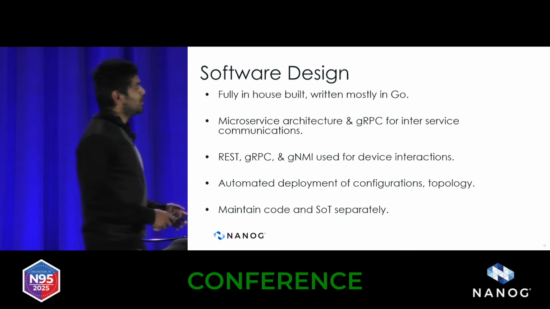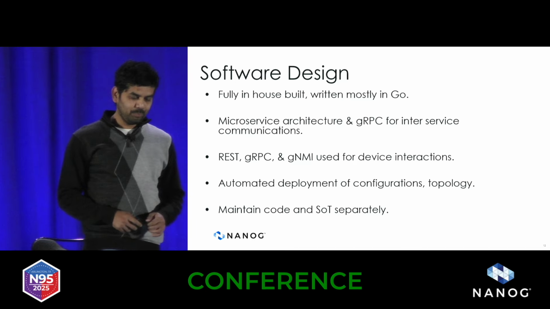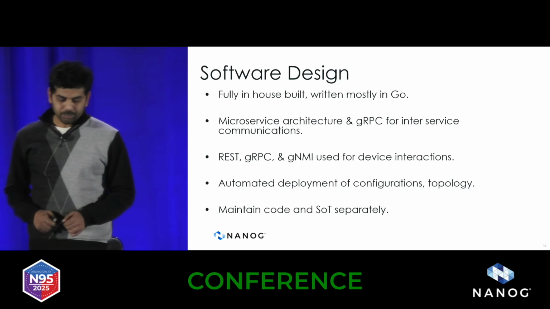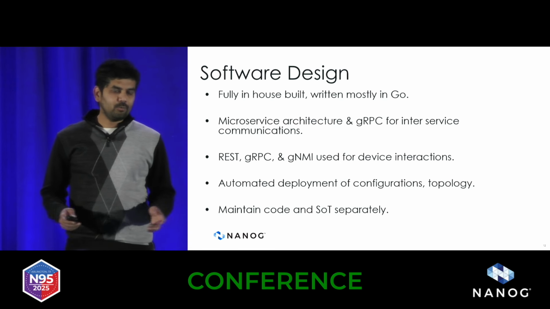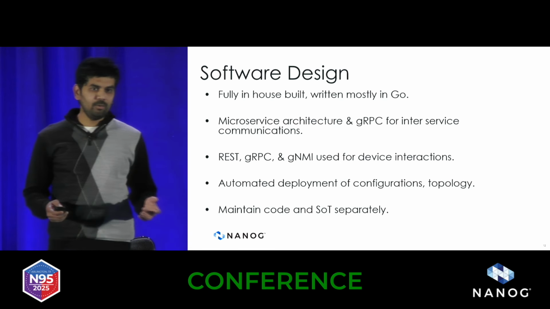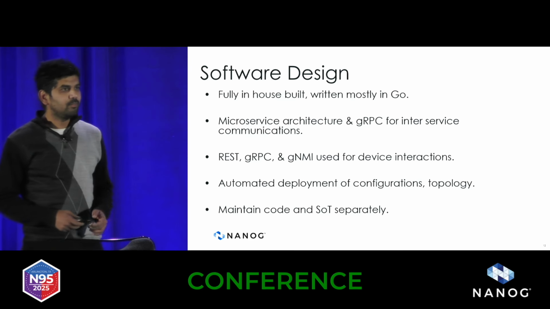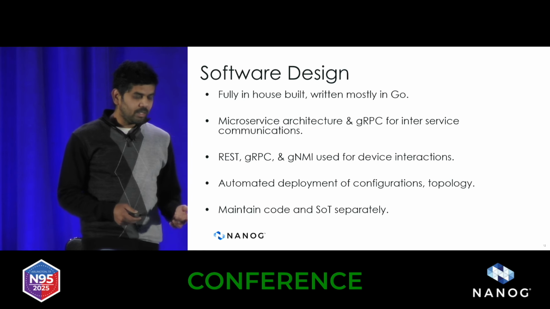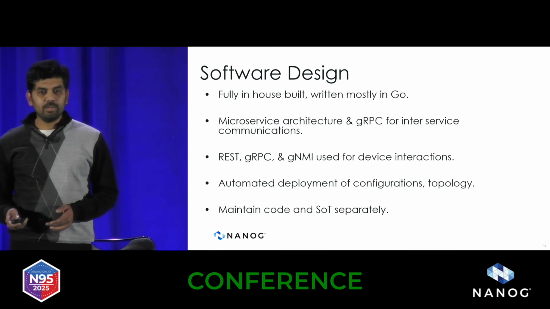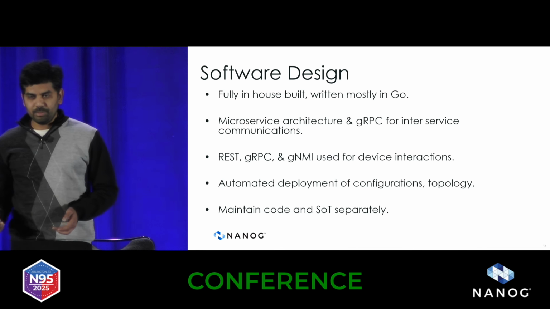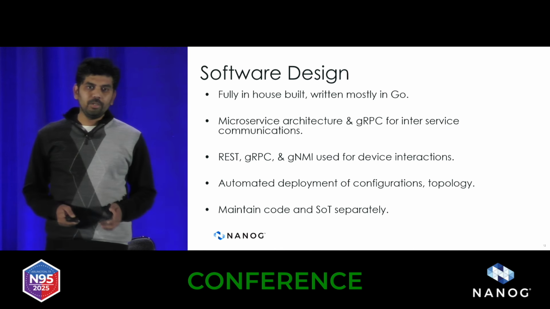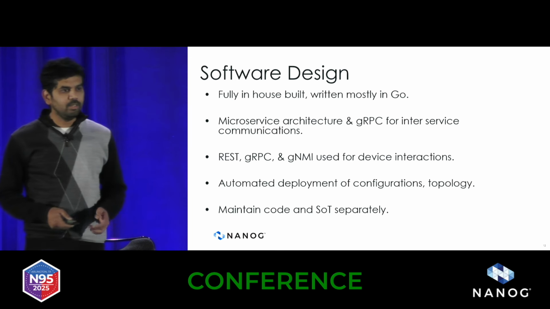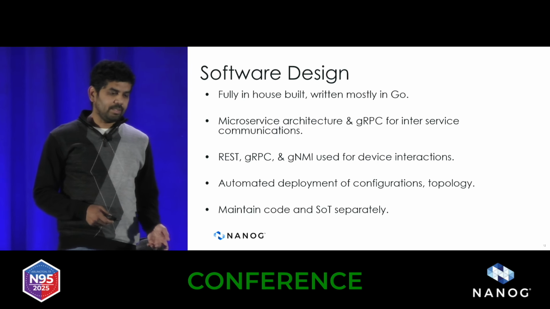I'm here to talk through the software side of the LinkedIn backbone. First, let me cover the software design and architecture. We built this entire software stack from the ground up, fully in-house. We used Golang for most of our coding. Since we used Golang, we naturally inclined towards using gRPC for service-to-service communication, although we use interfaces like REST, gNMI, and gRPC to talk to network devices.